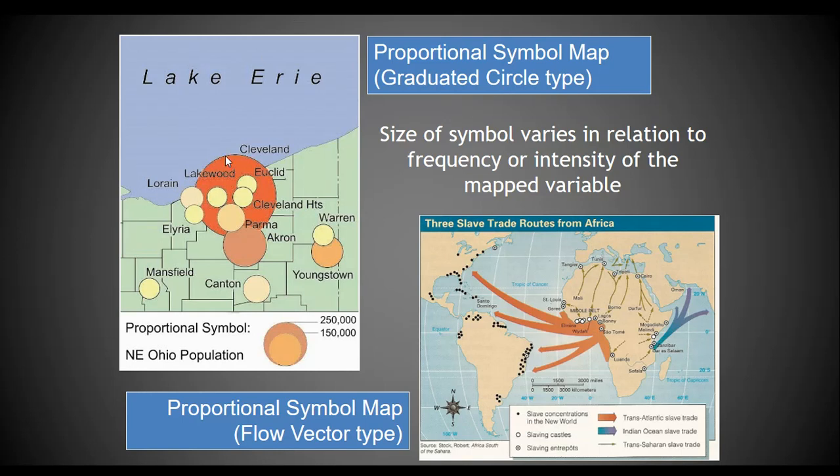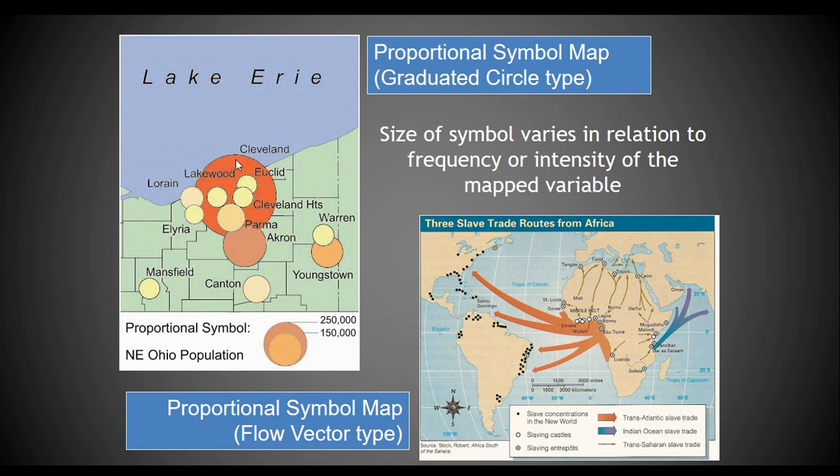So if we look up here in the Northeast Ohio region, the smaller circles represent a smaller population. The bigger circles mean more population. So again, this isn't the same as a dot density map, because with dot density, you're just putting dots in certain areas. Whereas with this one, you may have the symbol in an area, but the size of that shape is going to grow larger and smaller based on the population.